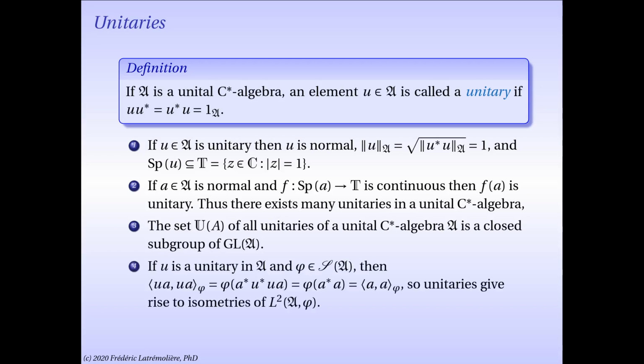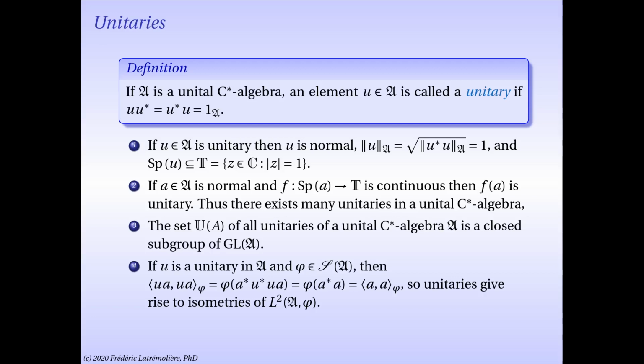Last, let's relate this notion of a unitary of a C-star algebra to the notion of a unitary between Hilbert spaces. To do that, let's remember that we can make Hilbert spaces out of C-star algebras using states. So let phi be a state. I'm going to look at what happens if I pick an element A in my C-star algebra. I look at it as a vector in L2 of phi, and I would like to know if U acting on that vector preserves the norm of that vector.